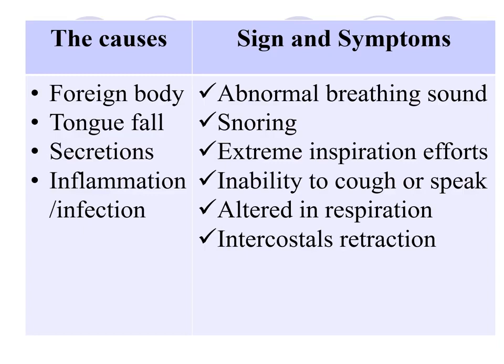It might be from a secretion, it might be from infection and inflammation. That infection and inflammation will lead to narrowing of the respiratory tract. The signs and symptoms: there will be abnormal breathing sound, and we will go then to the different types of breathing sound.